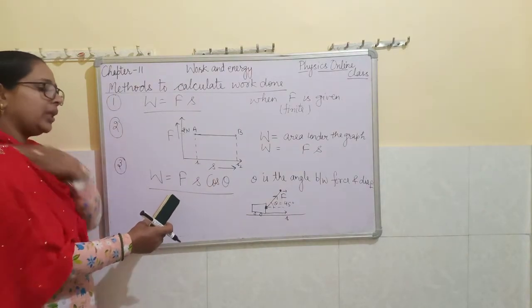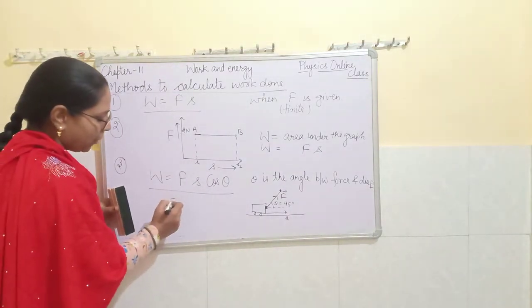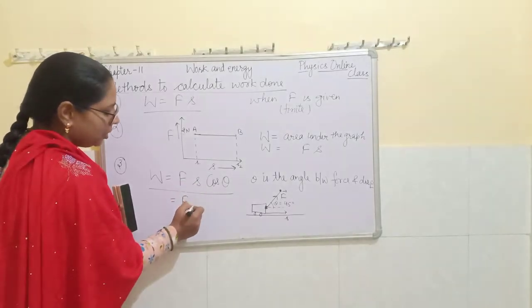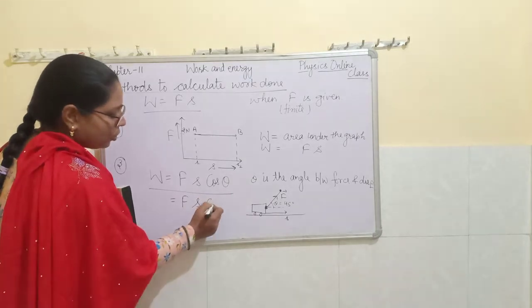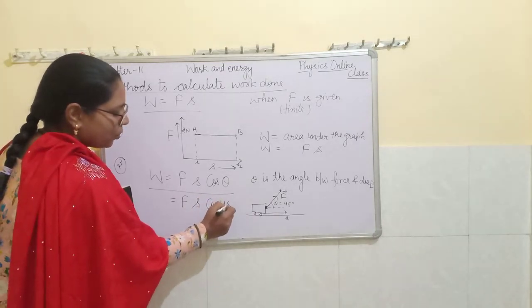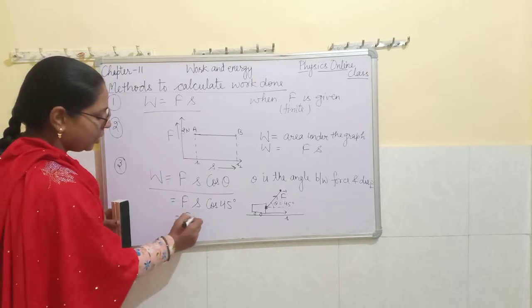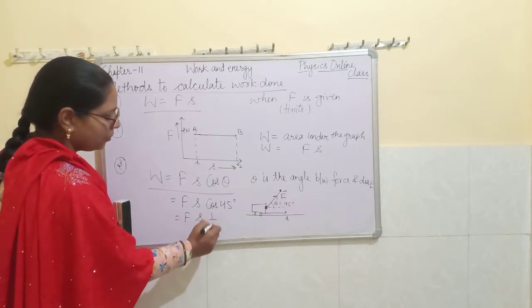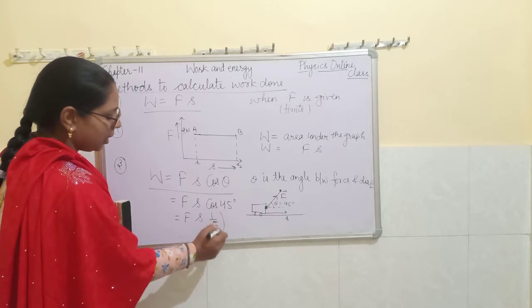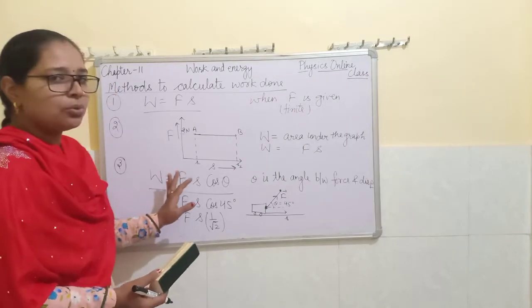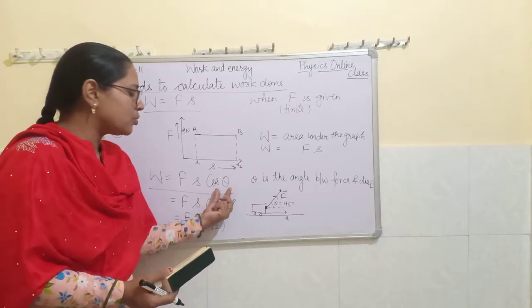Then we will calculate the work done by using this formula. Write the value of force applied, write the value of distance covered, and also write the value of cos 45 degrees. And cos 45 is 1 by root 2. So we will multiply by 8. Students, in 9th standard, there is no need to be confused by these values.